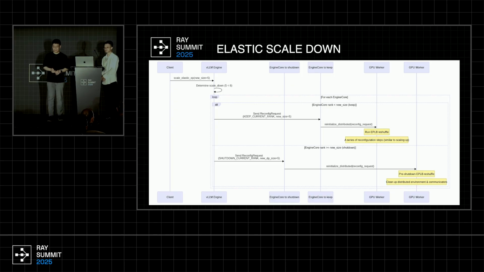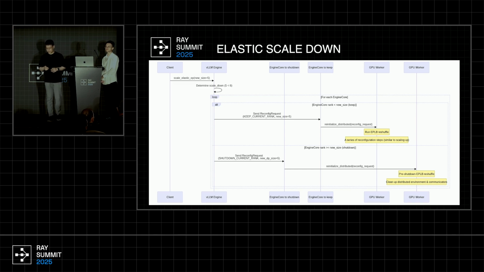For elastic scaling down, let's use an example where we want to scale down from 6 engine cores to 5. And in this case, the vLLM engine first determines that we have 5 engine cores to keep and 1 engine core to terminate. For each of the engine cores to keep, it will call reconfiguration.